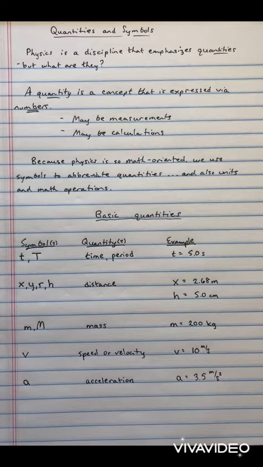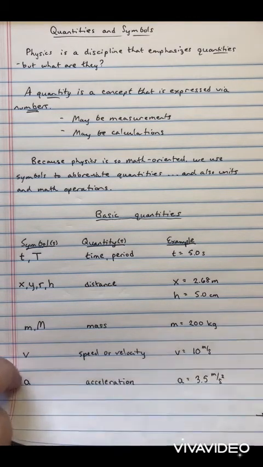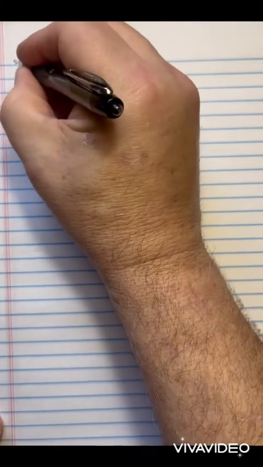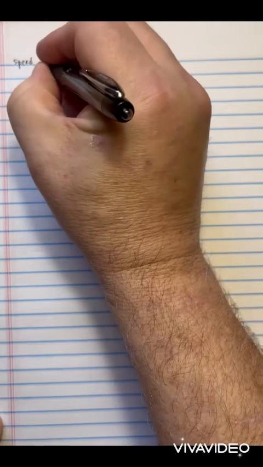Okay. All right. I do want to talk about a couple of special cases of symbols that are used either for quantities or other ideas. So let's do that quickly. I mentioned there's a difference between speed and velocity before. So, what is that difference?